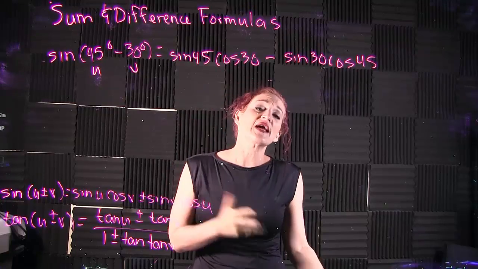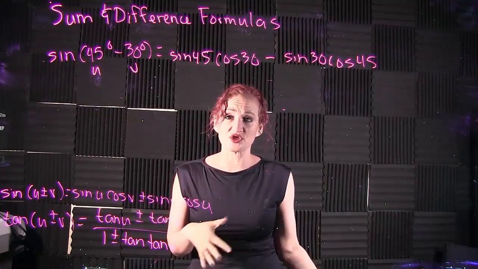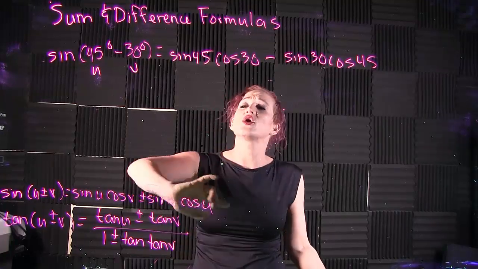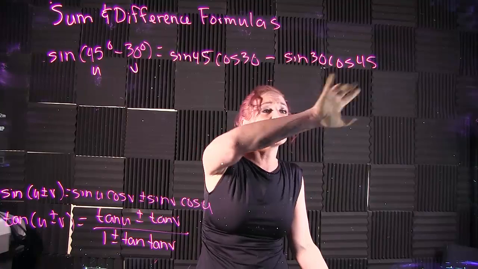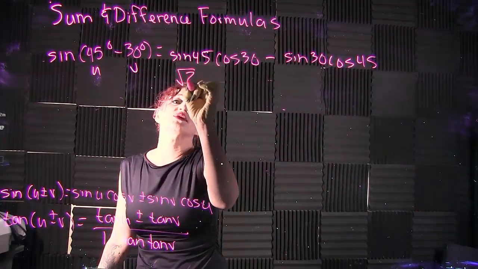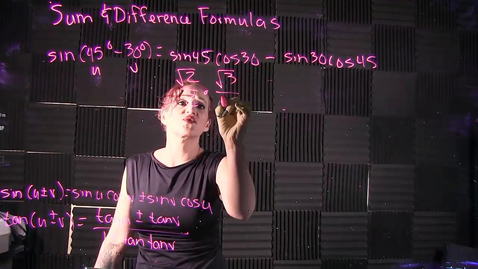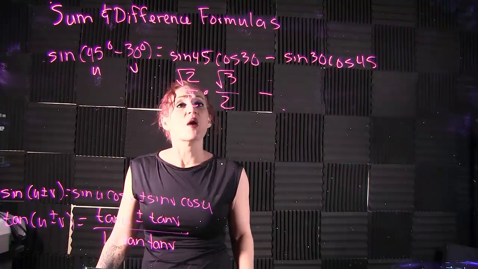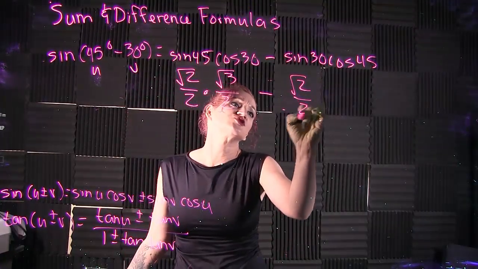The next step here, we either need to have our unit circle handy or we need to have access to a scientific calculator and go ahead and figure out what sine 45, cosine 30, sine 30, and cosine 45 is. Sine 45 is square root of 2 over 2 times cosine 30 is square root of 3 over 2. Drop down your minus sign and we have sine 30 is 1/2 and cosine 45 is square root of 2 over 2.